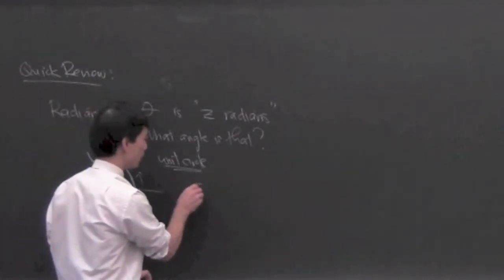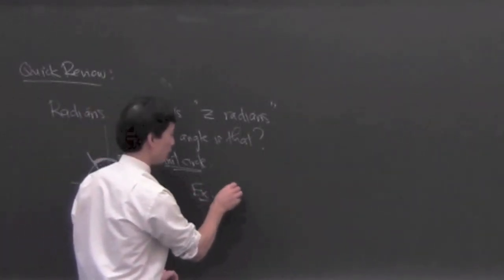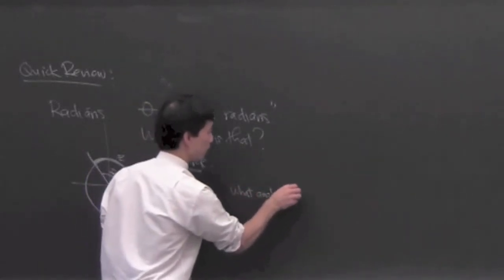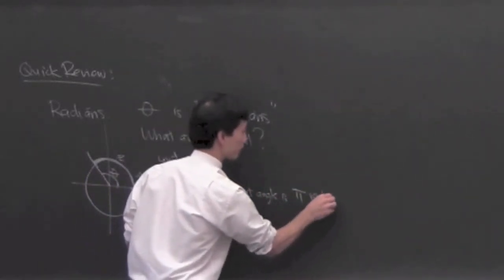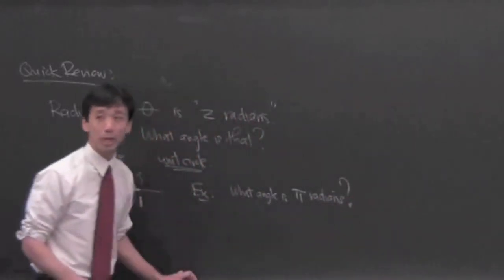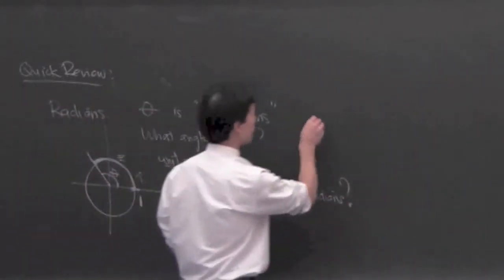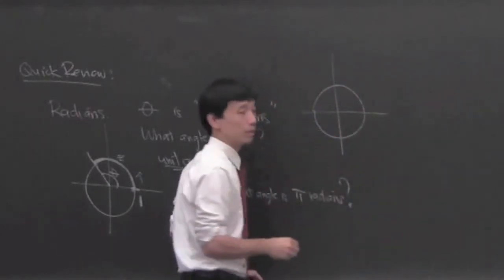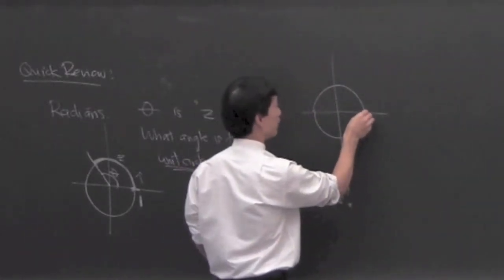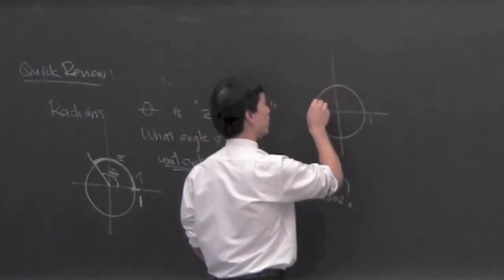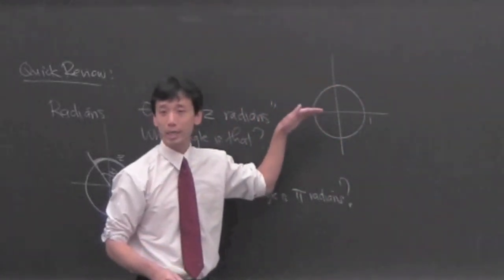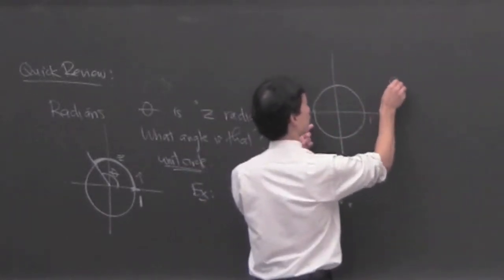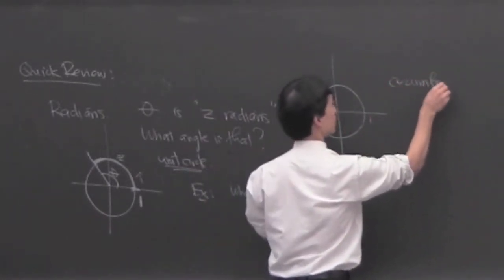So, for example, if somebody says, what angle is pi radians? Well, then you go to the unit circle and you ask, when do I reach an arc length of pi? What's the circumference of the full circle?